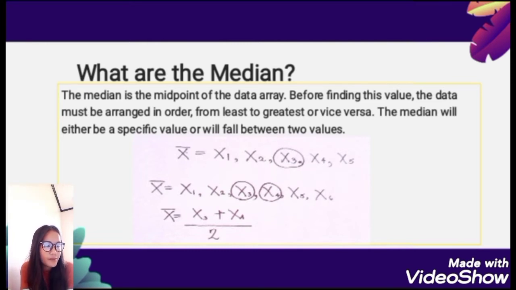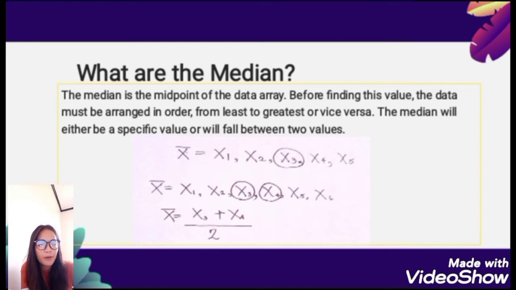For example, we have a given here. The median is x sub 3. That's the median. But if the given data is even, you have two middle values. You need to add the two and divide by 2.